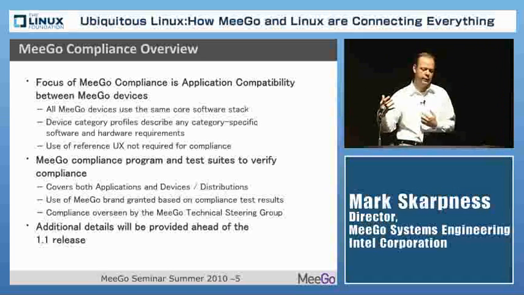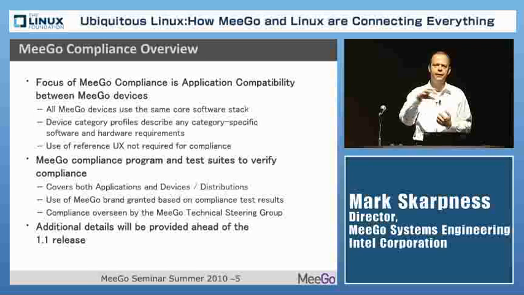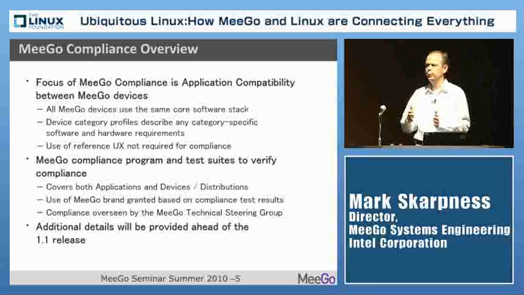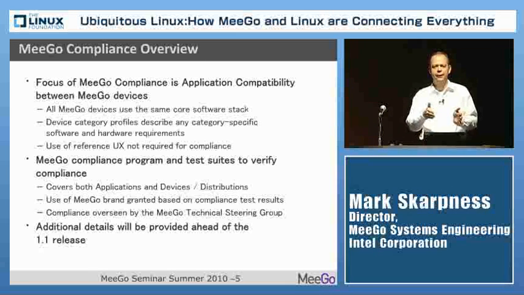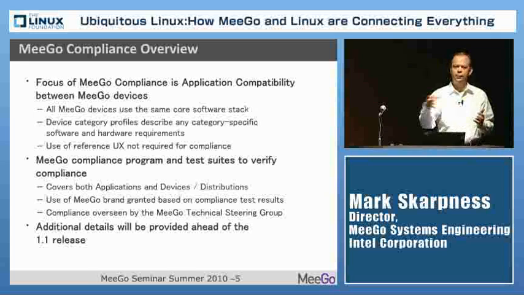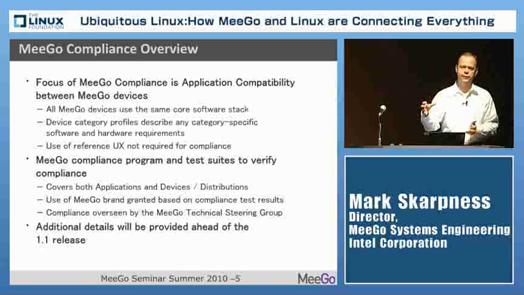The difference would be that within each of these device categories, as we'll talk about a bit more in the architecture slide, there are some additional components that you can take advantage of. So that's a choice that the developer has. But it's a mechanism to ensure that if you write a MeeGo handset app, it'll run on any MeeGo compliant handset. Or if you write a generic MeeGo app, it'll run on any MeeGo compliant device.